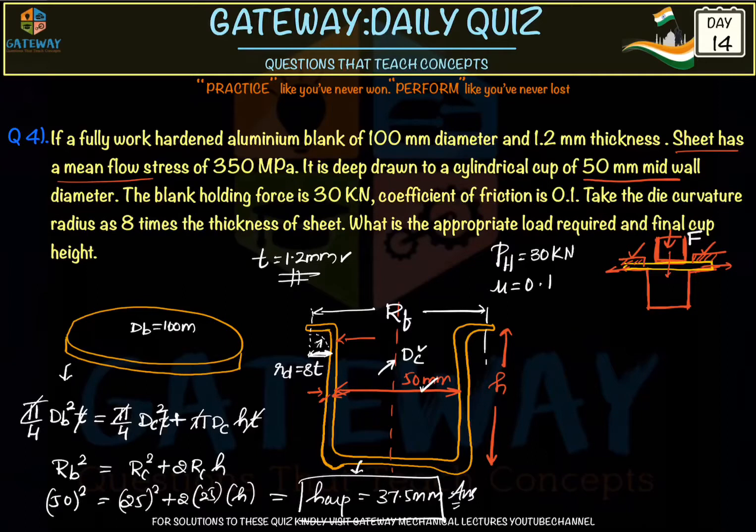One more thing to note is that close to the holders our thickness will be t by 2. At the minimum here, it will be somewhere between t by 2 and t, some t dash, and here almost the thickness will be equal to the original thickness.